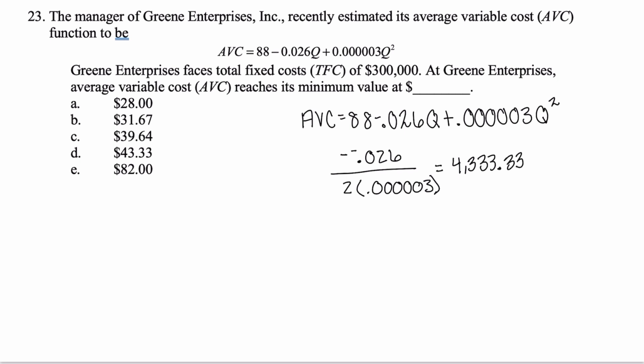And then you're going to substitute that back in for our Q into our average variable cost function. So our average variable cost function at 4,333.33 gives us 31.67, or B.